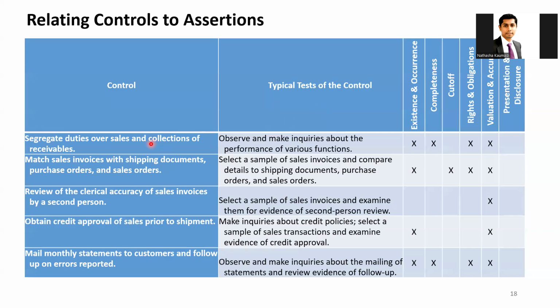When you are trying to understand that, sometimes occurrence is covered because when they have proper segregation of duties, that means we can think that the sales records are accurate, sales are happening, and genuine sales records are recorded in the system. So occurrence from the revenue side, existence assertion coming from the trade receivable side.